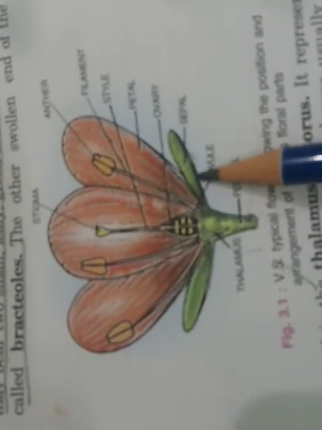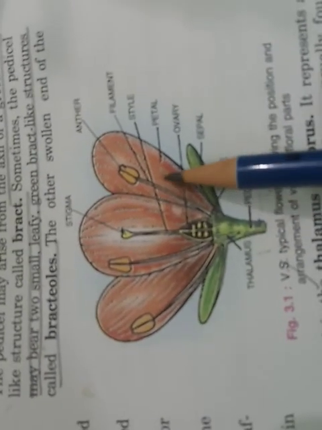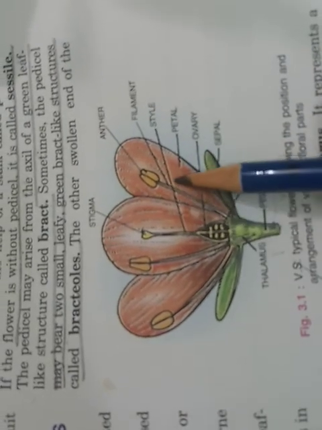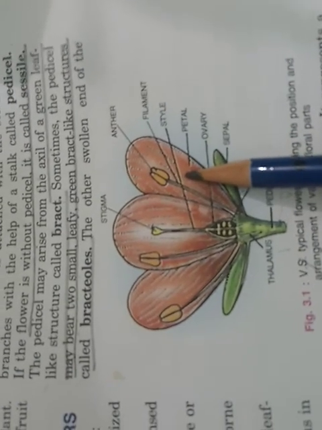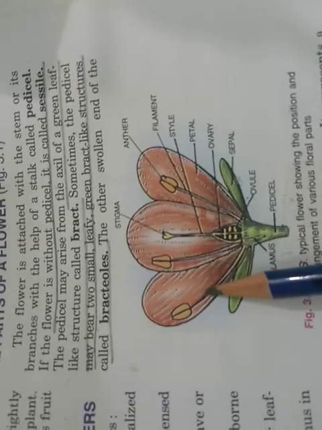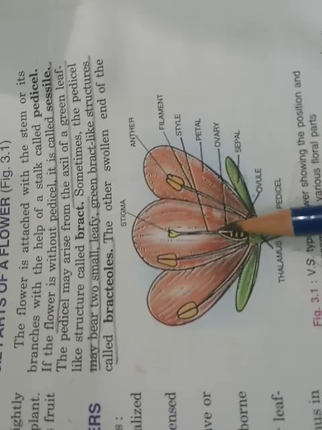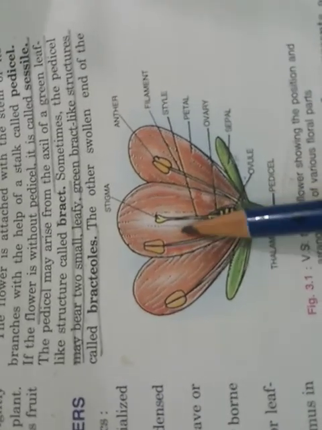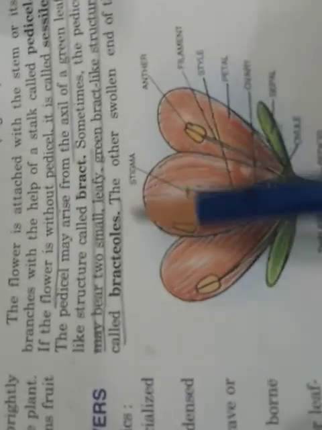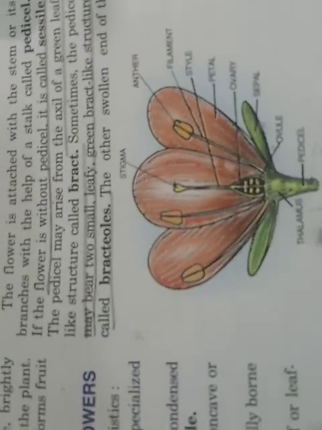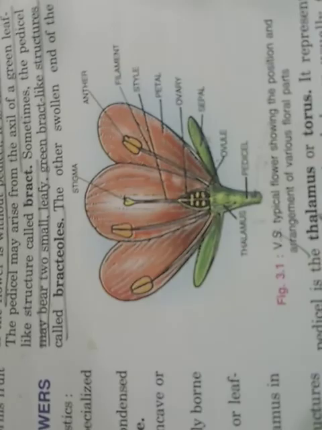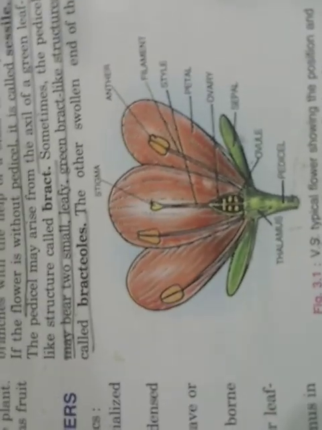As in this diagram of a flower, you can see the calyx, then the corolla or petals. A single unit is known as a petal. Then the stamens, collectively known as the androecium, and the carpel or pistil, that is the gynoecium. Here in this flower you can see all four floral whorls. That is why this flower is called a complete flower.